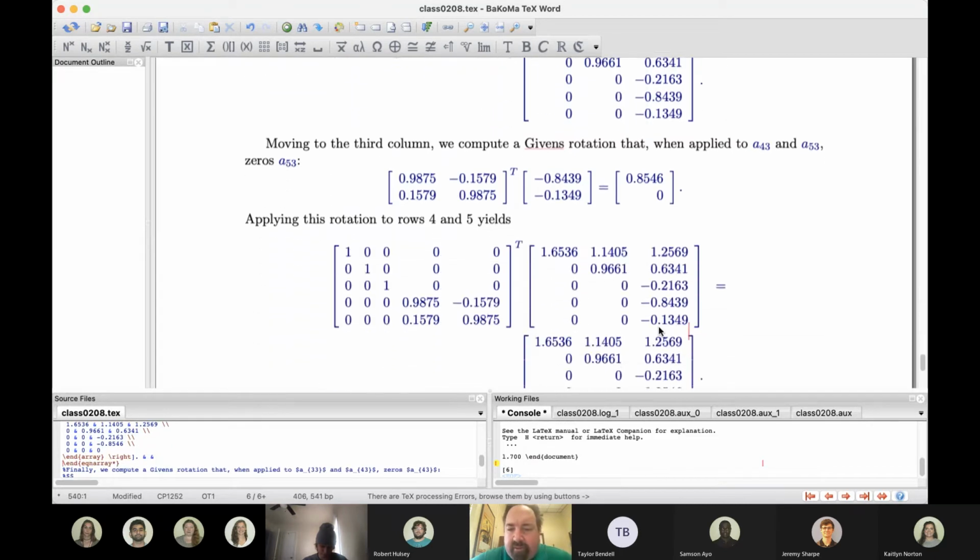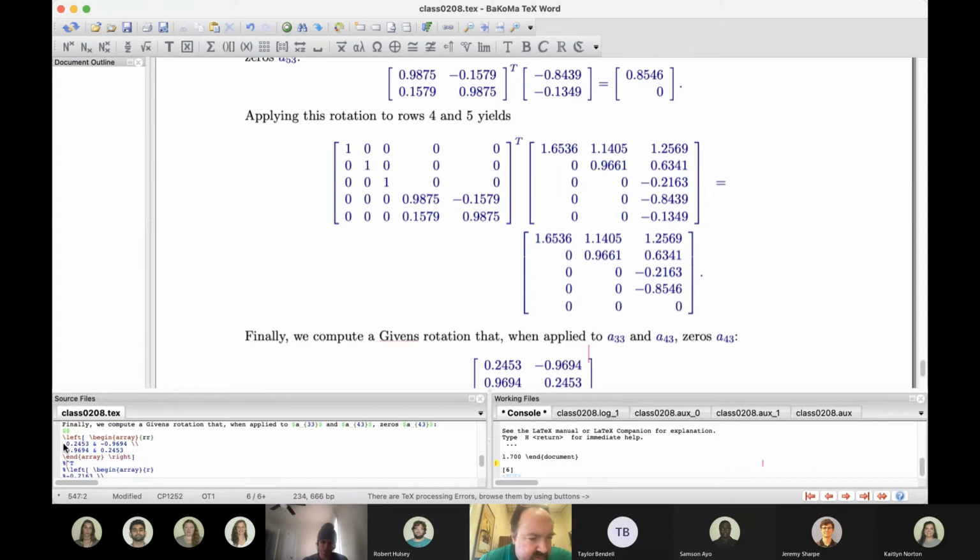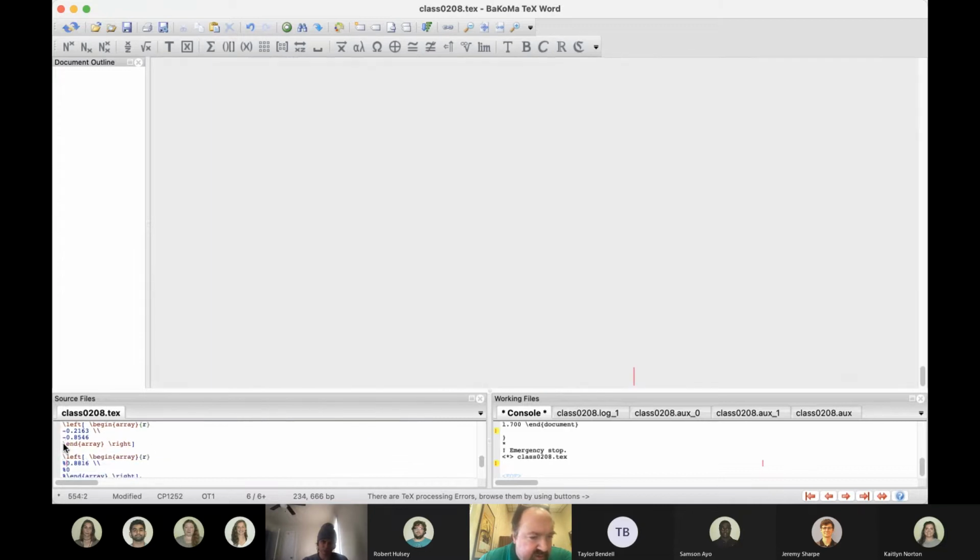Okay, so back down to the bottom to get rid of that one. And then finally, just about done. So you can look at this later and see all the rotations that were used and what effect they had on the matrix.